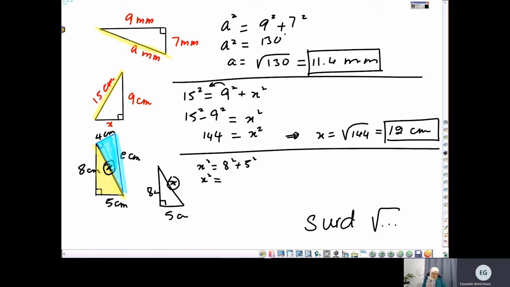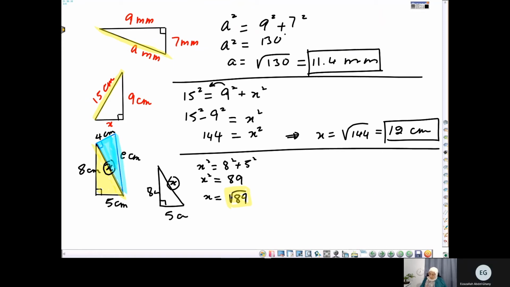It is 8 squared plus 5 squared, which is 89. So X will be the square root of 89, and I'm not concerned with finding the square root of 89. I'm so satisfied. Keep it as a third.